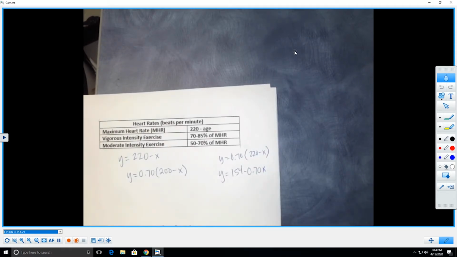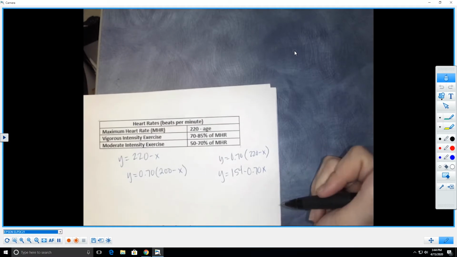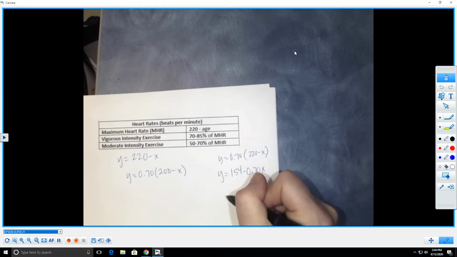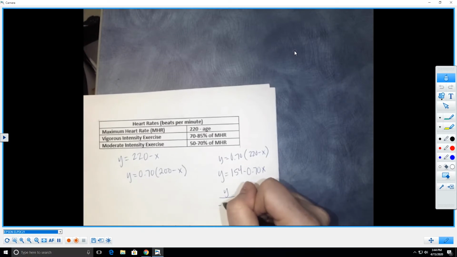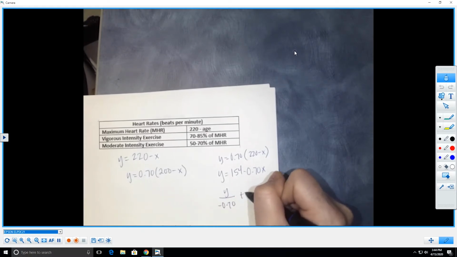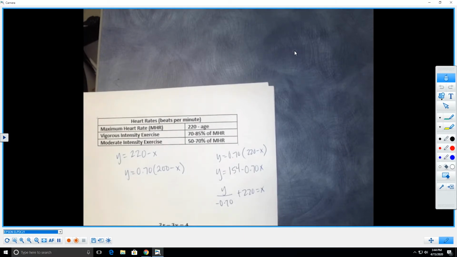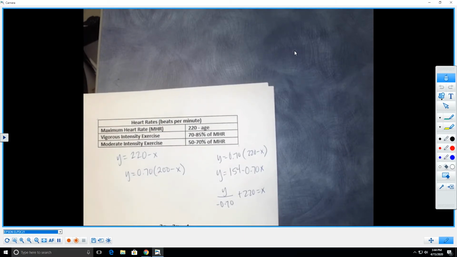So then I'm going to subtract 154 and divide by negative 0.70. And so I'm left with Y over negative 0.70 plus 220 equals X. Now we could clean this up a little bit, but for now we are good to go.